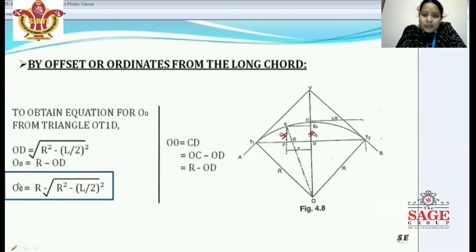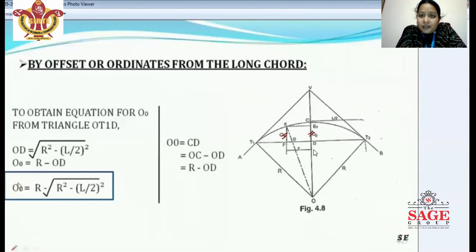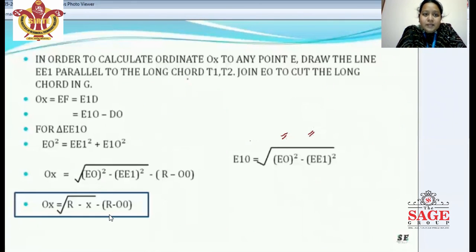So from the previous diagram, OX equals EF, E1D, and E1D minus DO. E1D minus DO. Now come to the same slide.